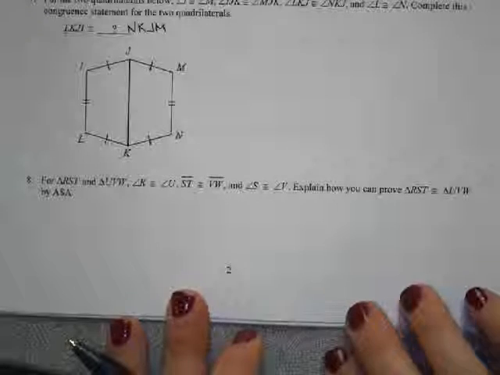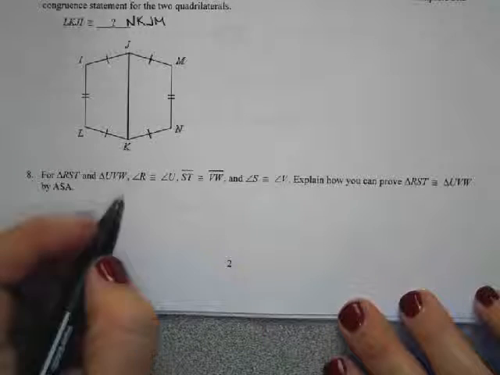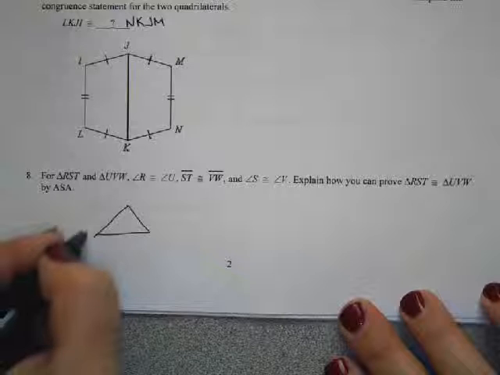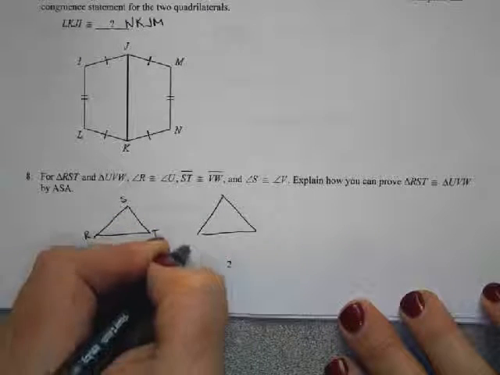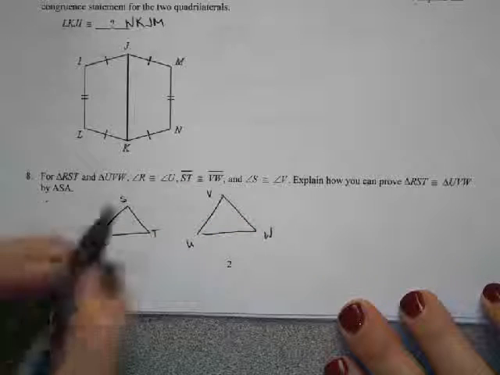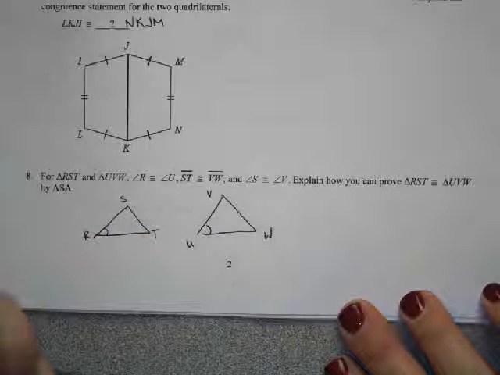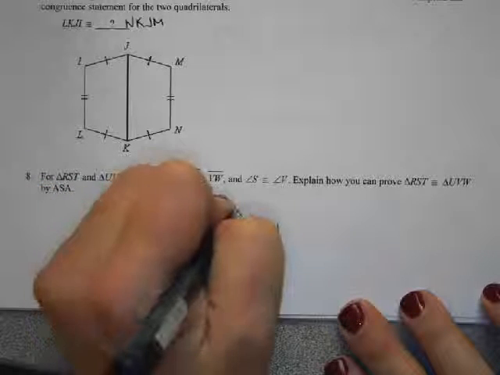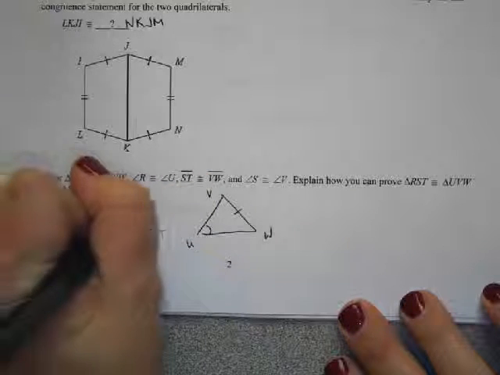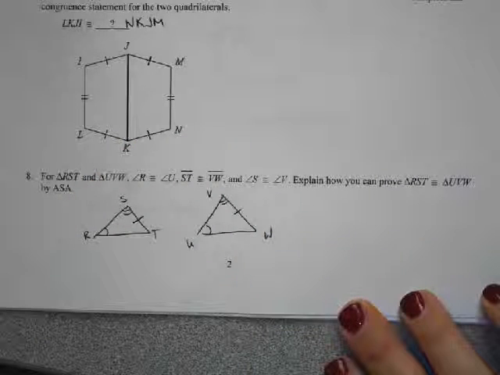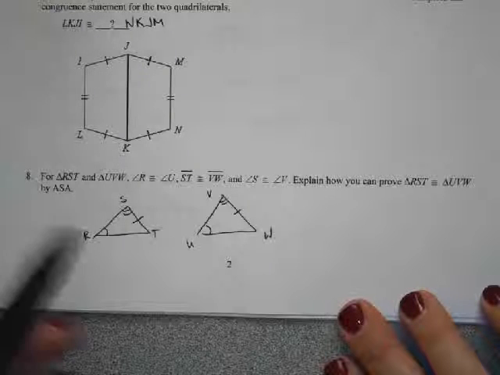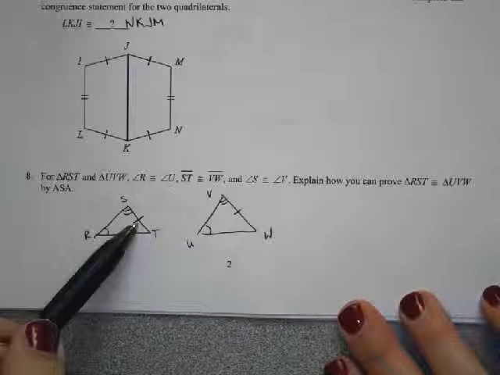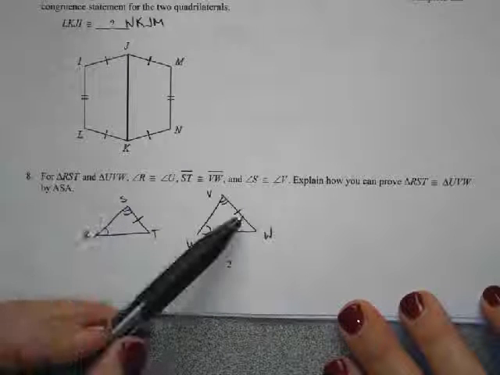For problem number 8, we have triangle RST, draw a picture, and triangle UVW. Angle R is congruent to angle U, ST is congruent to VW, and angle S is congruent to angle V. So if I want to do angle side angle, I would need to move this side to SR or this side to VU.